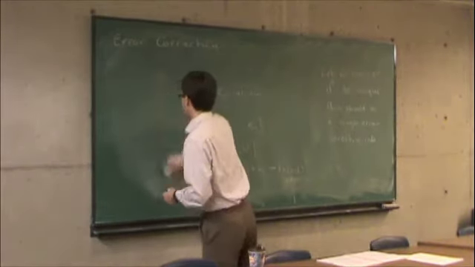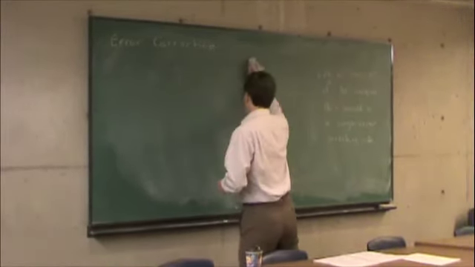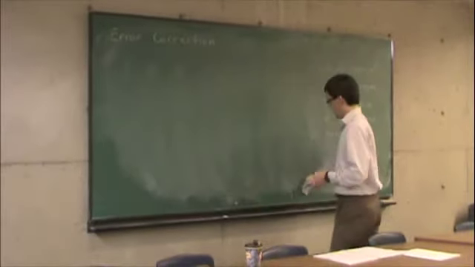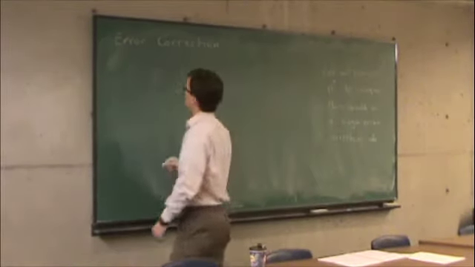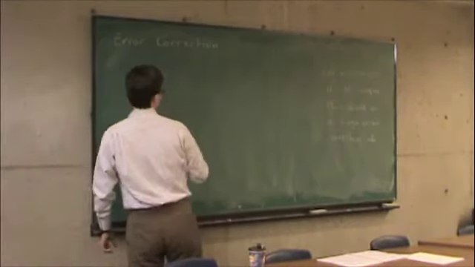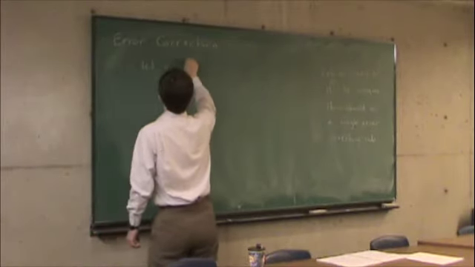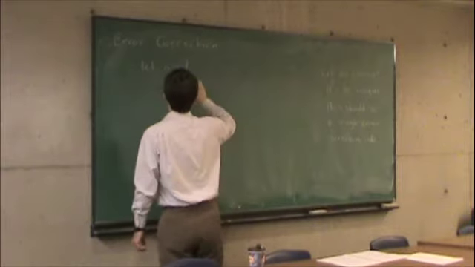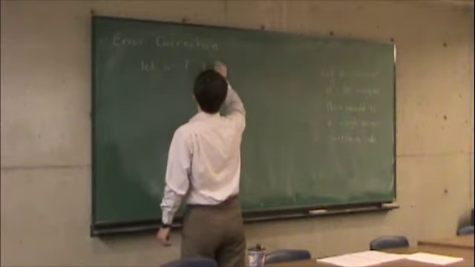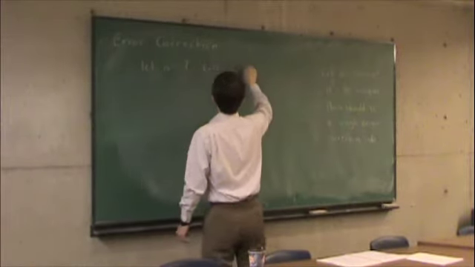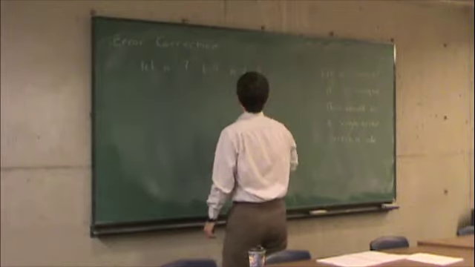So let's construct such an H transpose. Let n equal 7, and let k equal 4. So n minus k is 3.